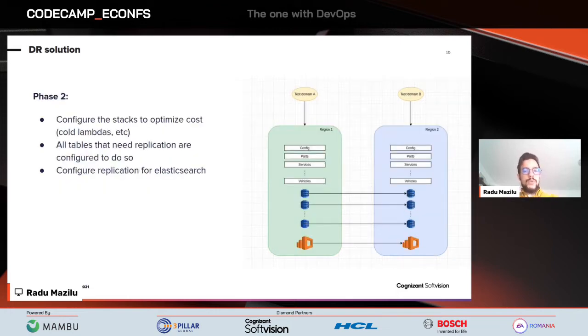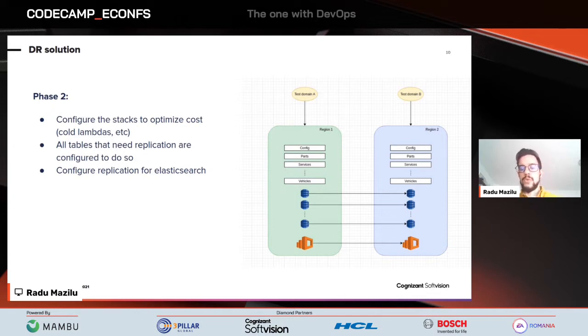In phase two of the development process, we optimized the cost, because for some lambdas we use provisioned concurrency so that we don't have startup times.